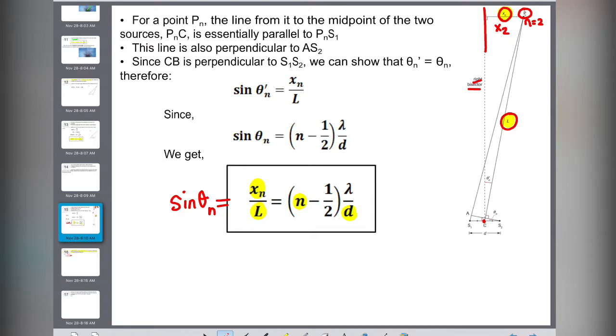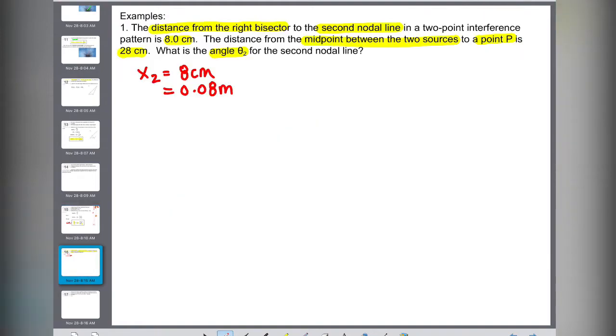So they gave you L. The most complicated thing is if you have all your equations, you just need to know what are the words that go with the symbols, right? So they actually give you L is equals to 28 centimeters. To convert that to SI, divided by 100, I have L. They're asking for what is theta 2.